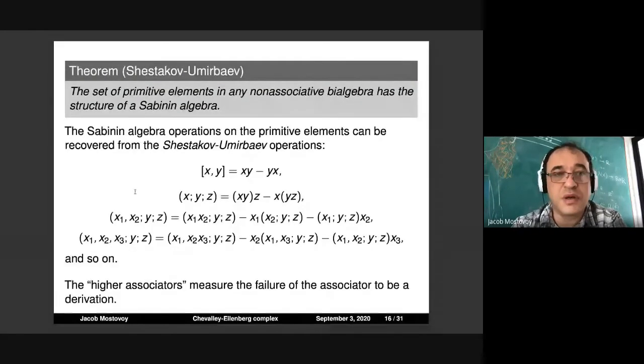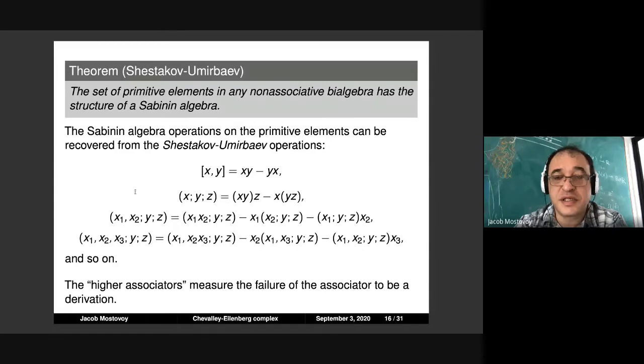One interesting thing about Sabinin algebras is that the primitive elements in any non-associative bialgebra have a structure of a Sabinin algebra. Really, there are two important operations, which are the commutator and the associator in any algebra. And these two operations preserve primitive elements.